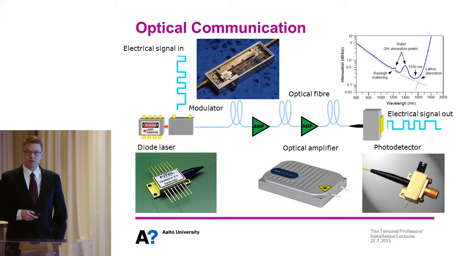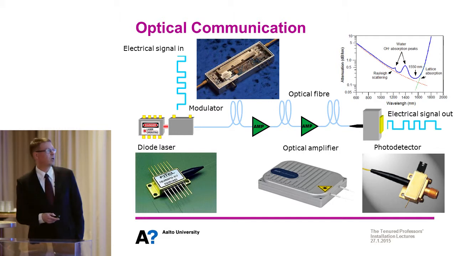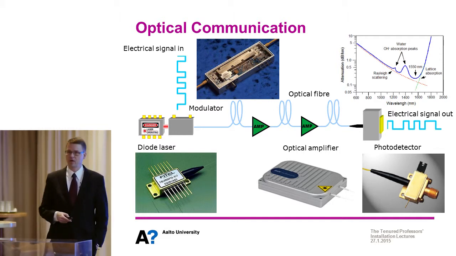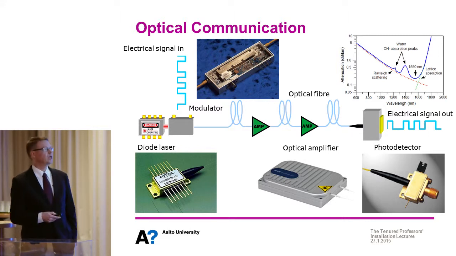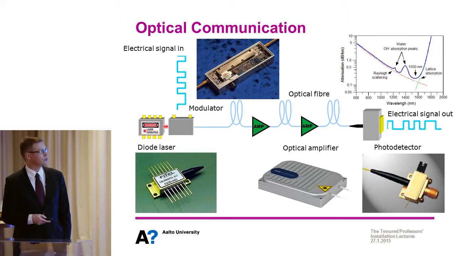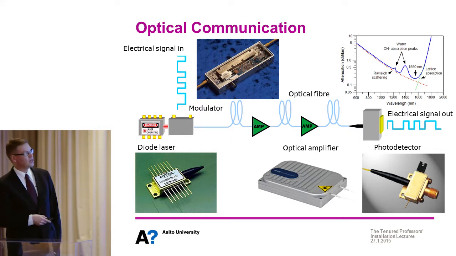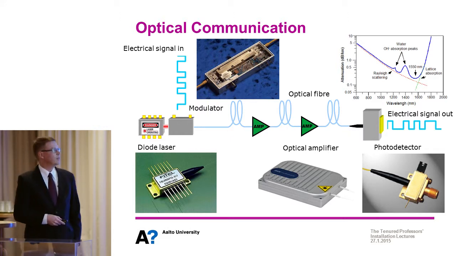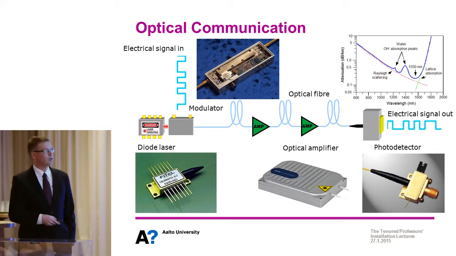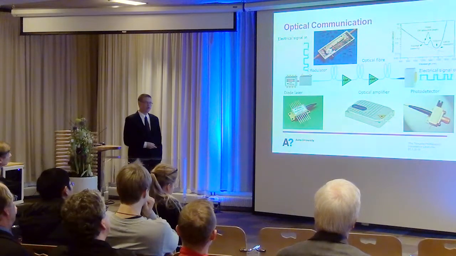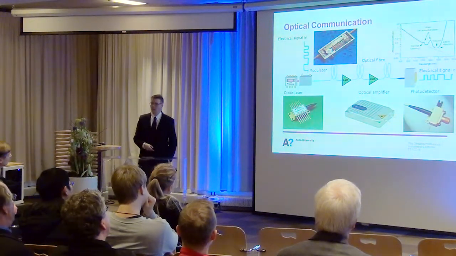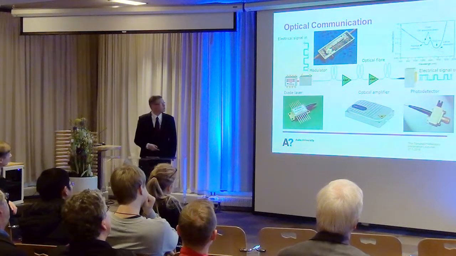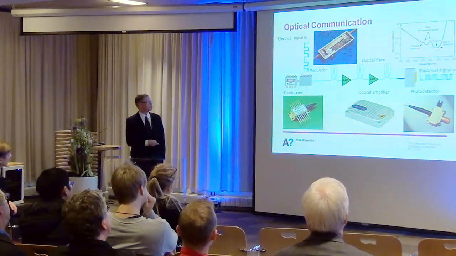So the internet is mostly based on optical fibers and sending light, sending information through these fibers. So there are diode lasers at the sending end, sending the light into the fiber. It's amplified on the way, and then at the end there is a photodetector. So optoelectronic components operate the whole system.